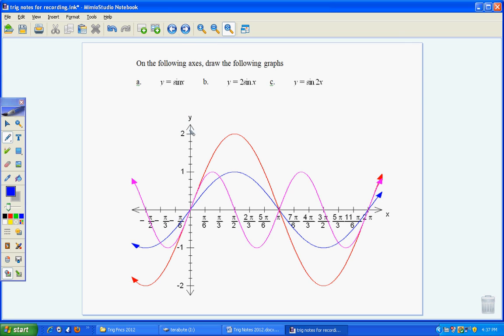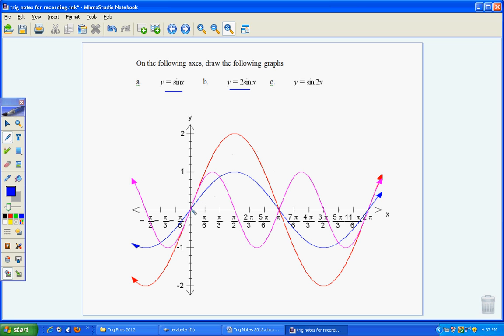So if we investigate that on this graph over here, sine of x is going to be our blue curve. The effect that multiplying it by 2 out the front has is only doubling every y value. So the orange curve, you notice every y value is doubled from the blue curve.